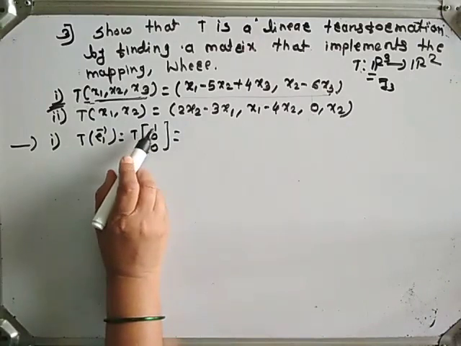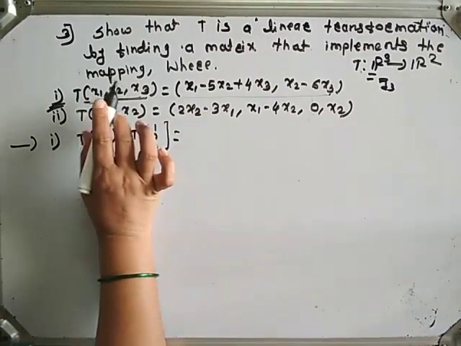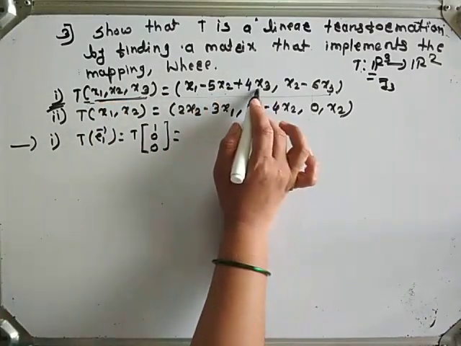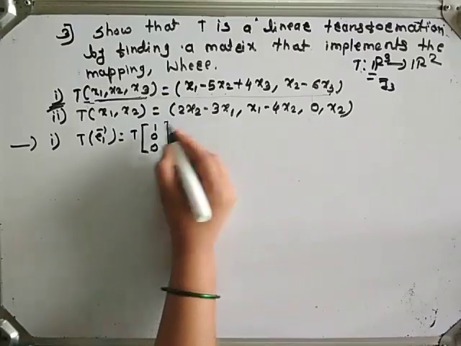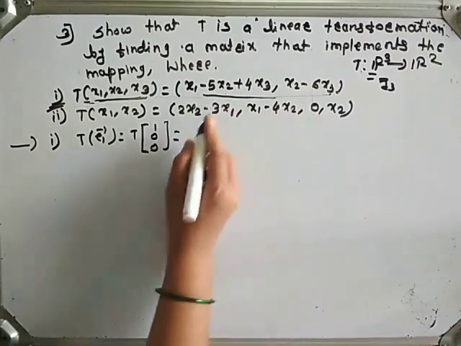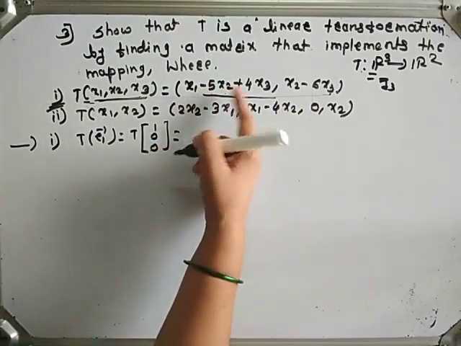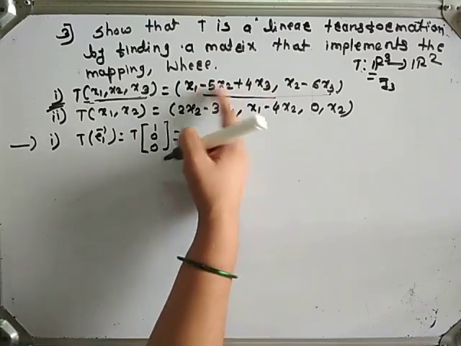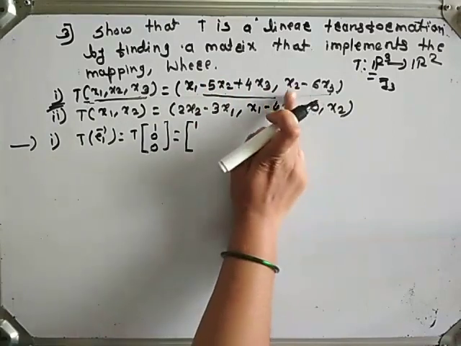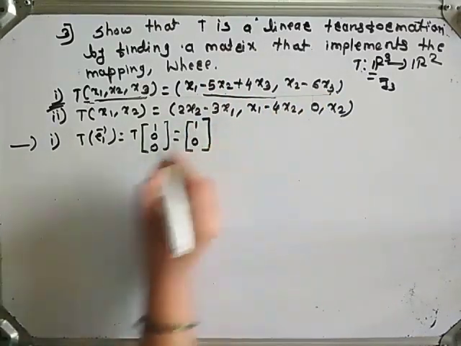here this is x1, x2, x3. What is linear transformation? T of x bar is equal to x1 minus 5x2 plus 4x3. So put these values in this vector, you will get x1 is 1, x2 is 0, x3 is 0. So here you will get only 1. Here x2, x3 is 0. So this value is 0. Okay.